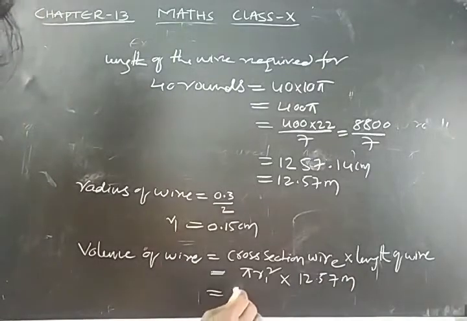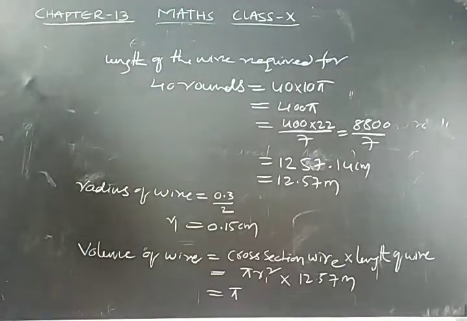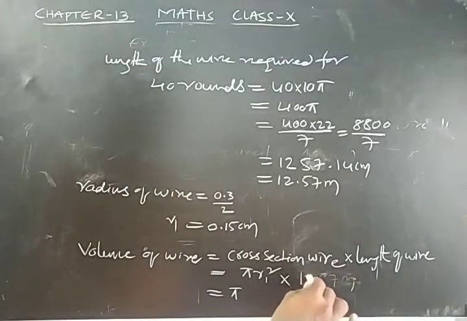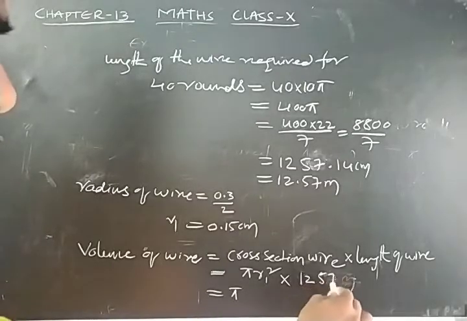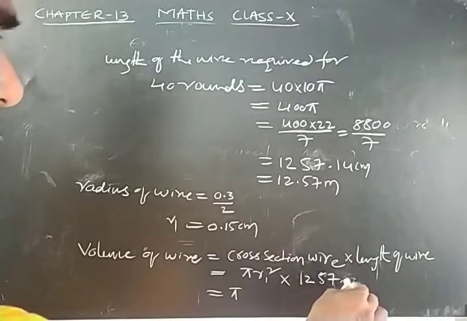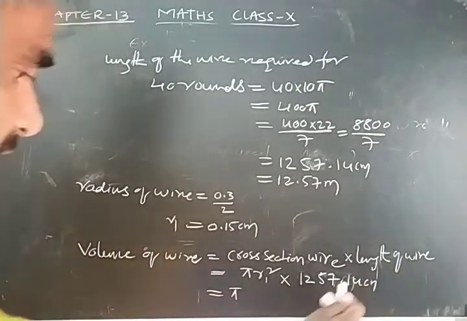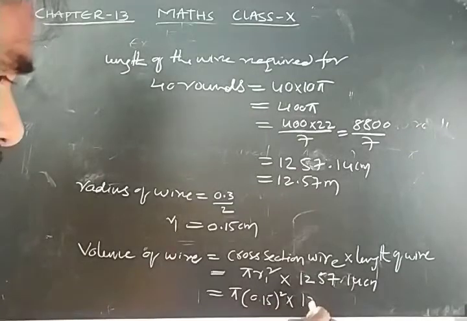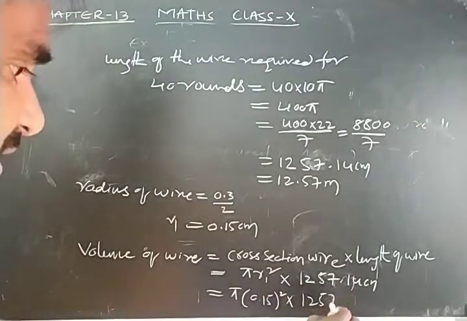So pi into, I will write this in centimeters. Why? Because here we are substituting in centimeters. 1257.14 centimeters. So in place of r1, I am substituting 0.15 whole square into 1257.14.